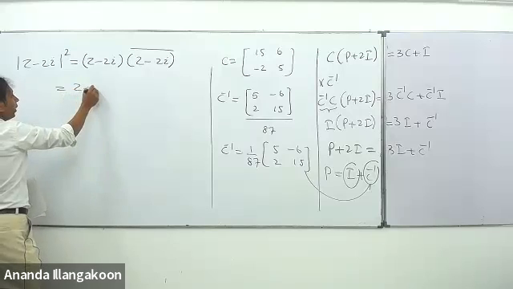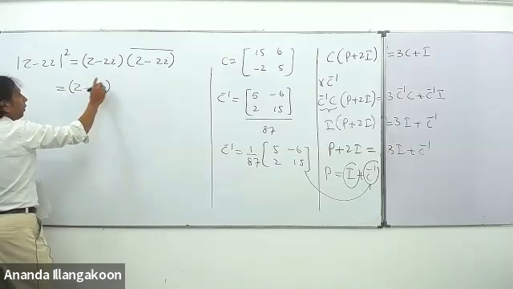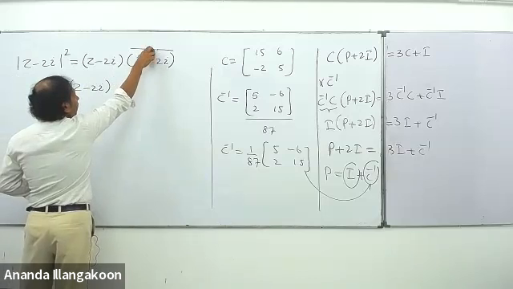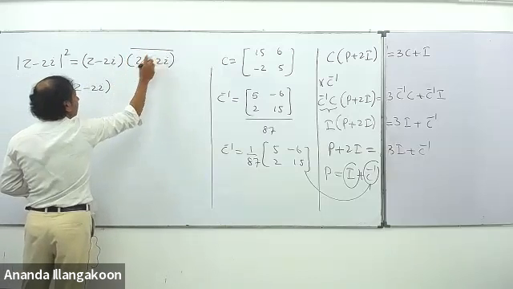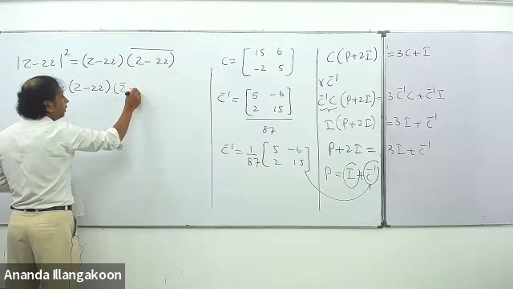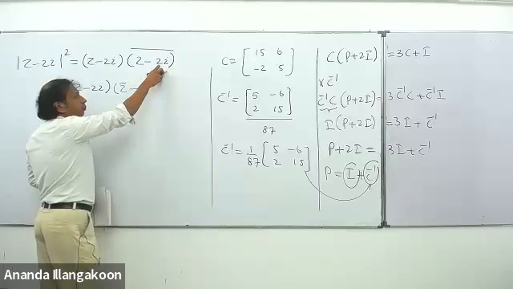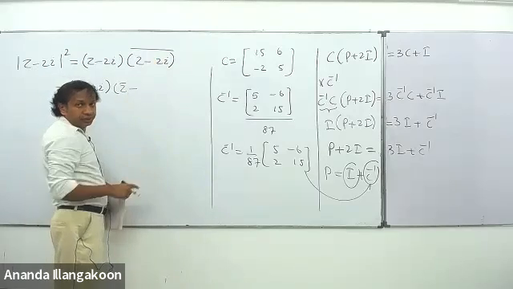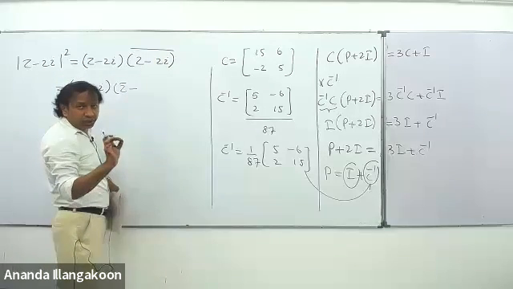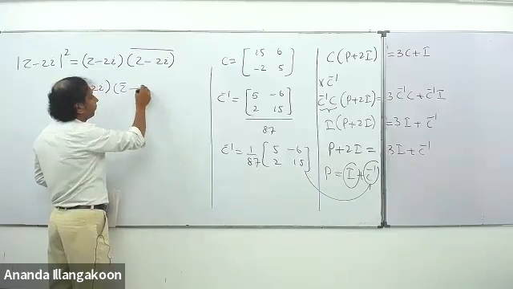Here, z minus 2I. For this difference, we can apply the conjugate on each part separately. Z bar minus, on this 2, we have to apply the conjugate. For a real number, the conjugate is the same.